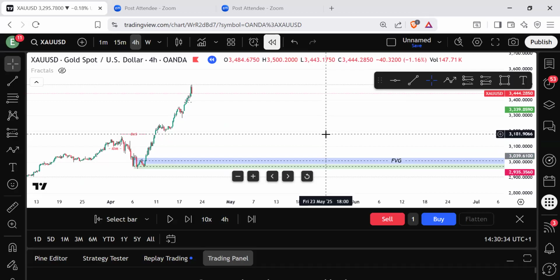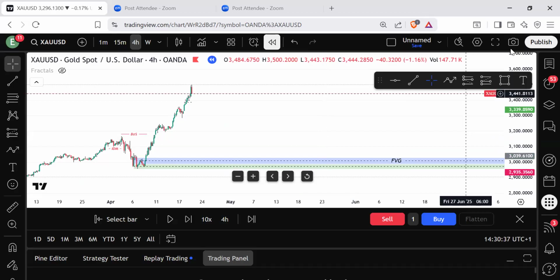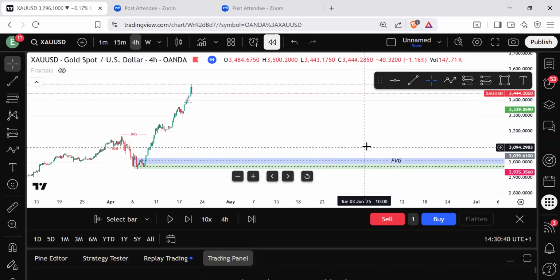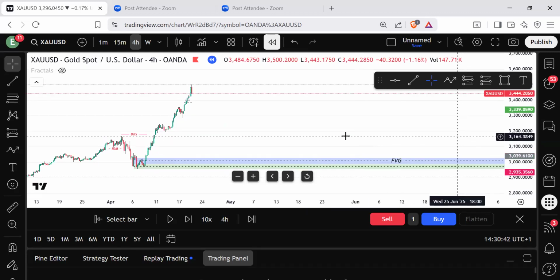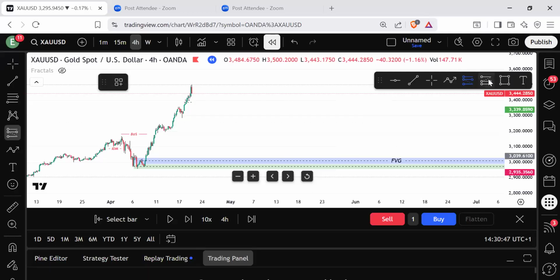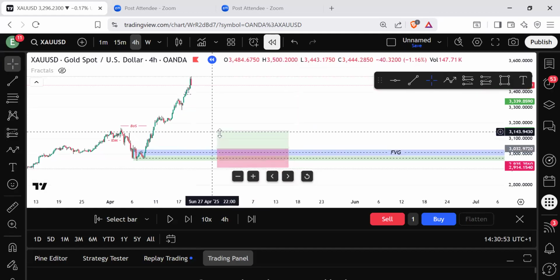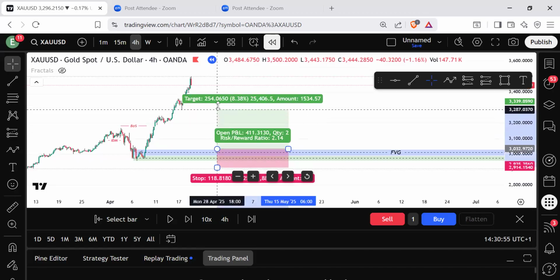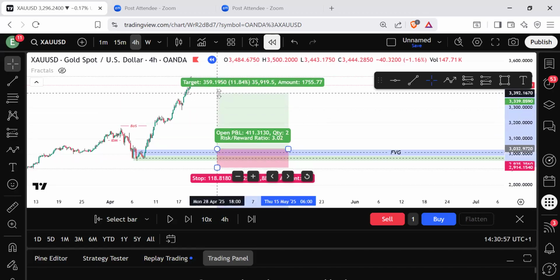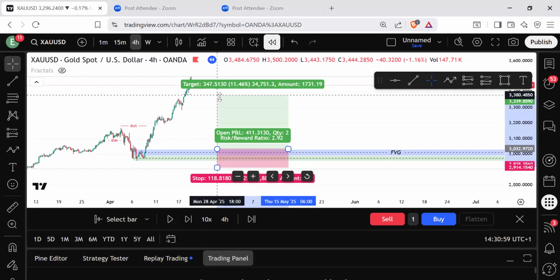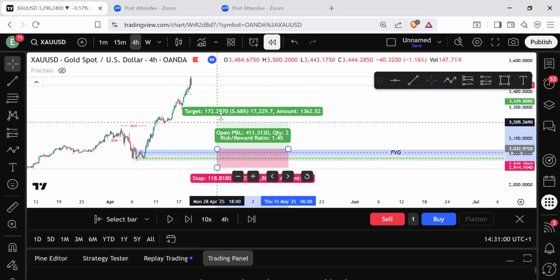See, the question is: this is the last candle, and this is the current scenario. So can I give a limit order for a long, I mean, a limit order from the zone? You can have something like this. So it is possible, depending on the risk to reward you want to target.